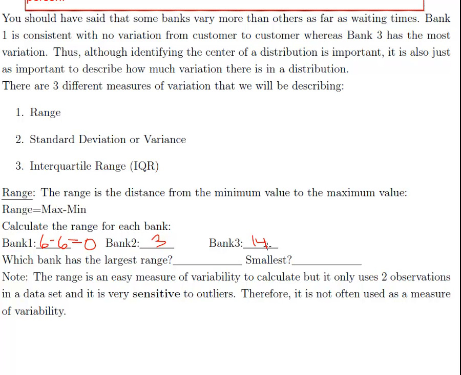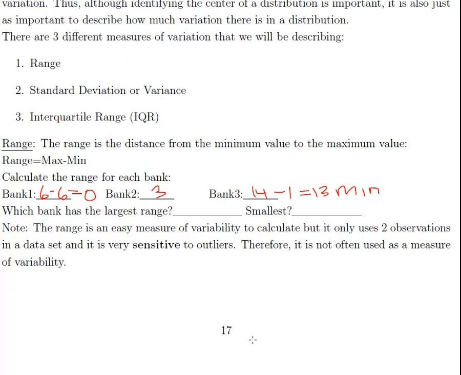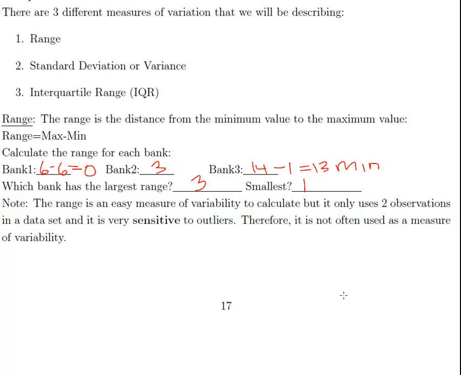So we just take 14 minus 1, and that's equal to 13. These all have units. They're all minutes. Okay, so bank 1 has the smallest range, and bank 3 has the largest. And that's what we would expect by our description of the data. Bank 1 is the most consistent, so it had the smallest range, and bank 3 was the least consistent, so it had the largest range.